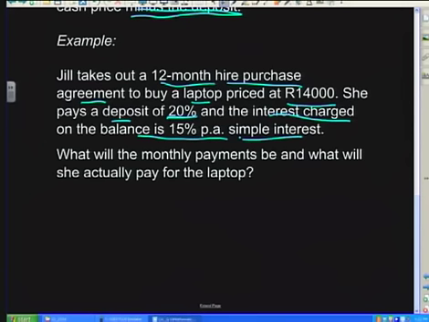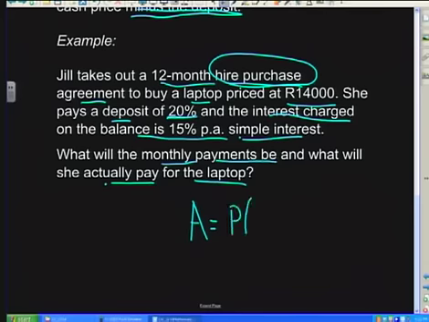They ask you, and it's a two-part question, what will the monthly payments be, and what will she actually pay for the laptop? Firstly, because we know that we are dealing with a hire purchase agreement, we straight away know that the formula we're going to use is the simple interest formula, A equals P(1 + i × n). Okay, so we know that that's the formula we're using.